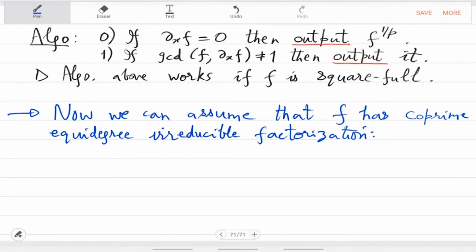It's probably not needed. Yeah, just the first algorithm: when you take GCD with x to the q to the i minus x, that already is a product of co-prime equi-degree irreducibles. So you start getting these things separated out. That is true.